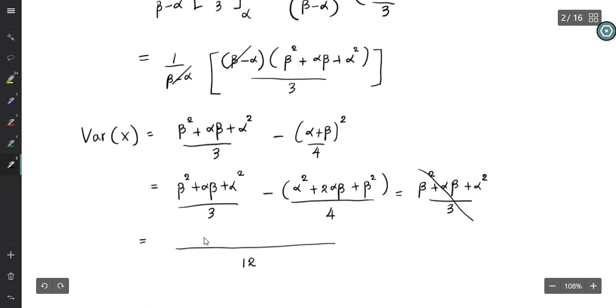So you have 4 times beta squared plus 4 times alpha beta plus 4 times alpha square. Then you have to multiply the second term by 3. So with the negative, you have negative 3 alpha squared, negative 6 alpha beta, negative 3 beta squared.